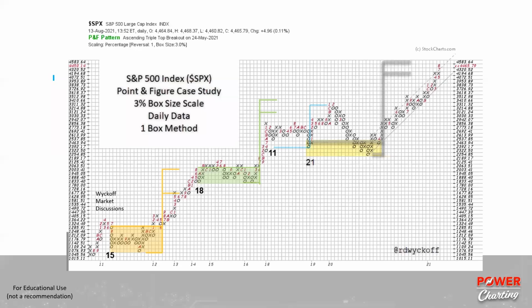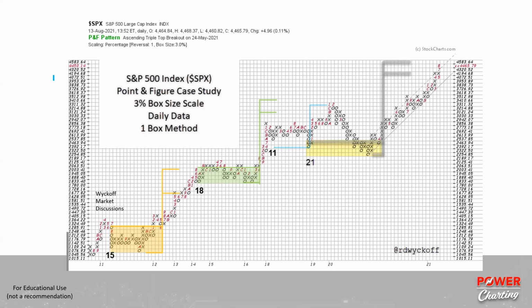Here is another example, much bigger scale, but this is reaccumulation in action on point and figure. In this case, we're using log scale point and figure, 3% box size, rather large box size. Each one of those upward boxes is 3% higher than the prior, and those are substantial jumps. But look at how these reaccumulations formed on the way up.